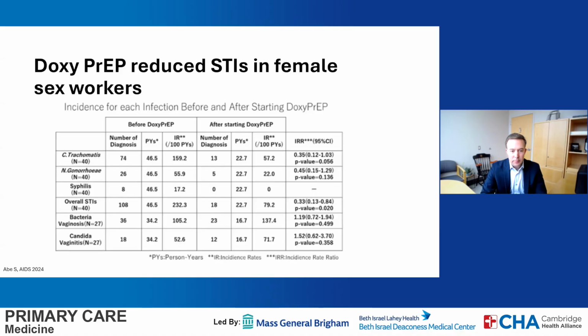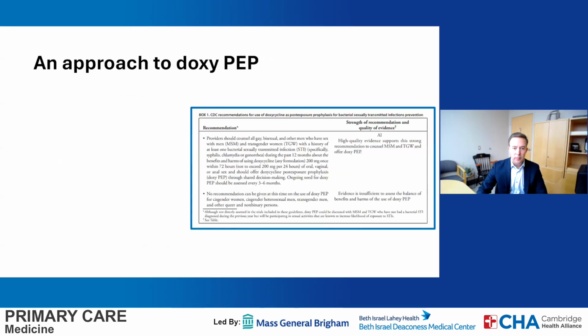And you can see, for example, a decline in syphilis diagnoses in this cohort, and also an apparent decline in gonorrhea and in chlamydia. So I don't think that prescribing doxypep to a woman is wrong, but I think it would involve shared decision making and talking about what is known and not known about this intervention.